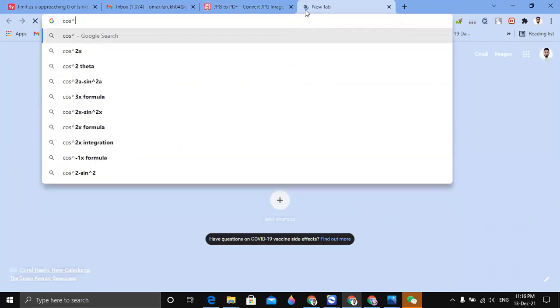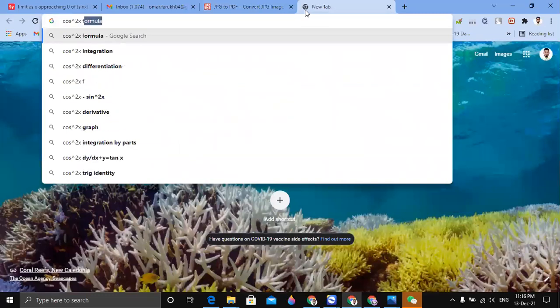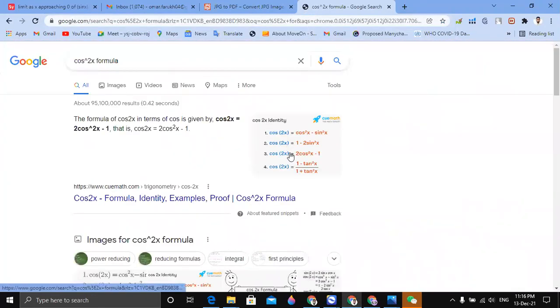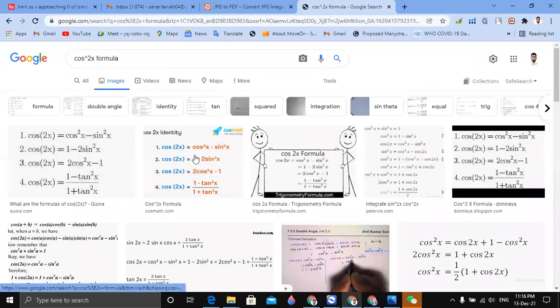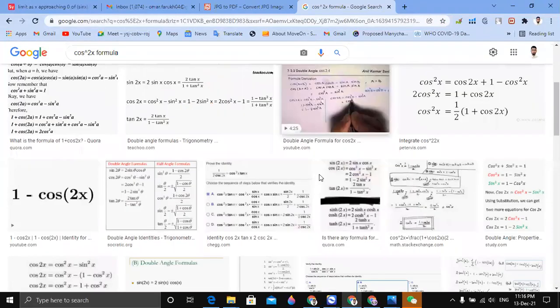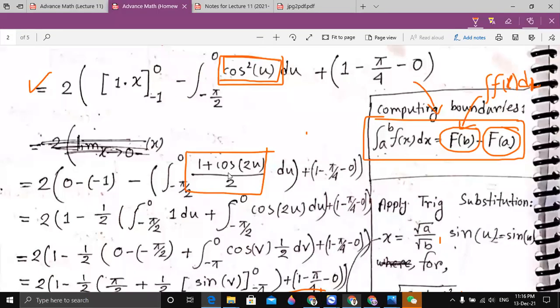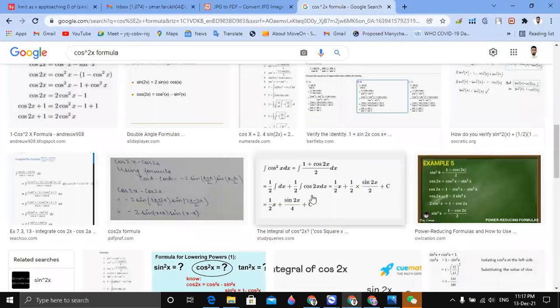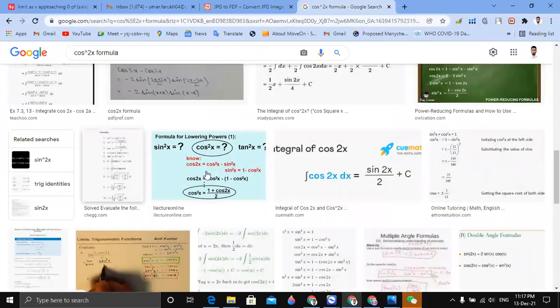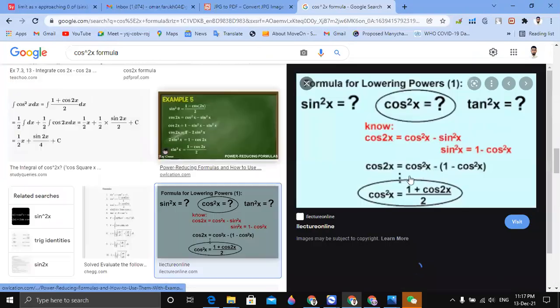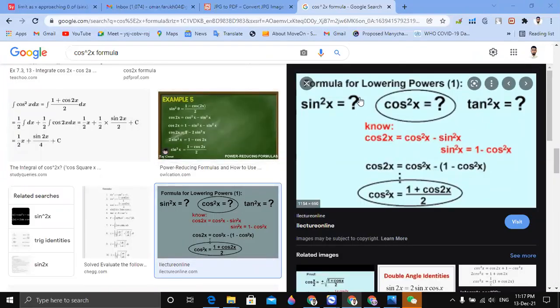Let me show here. Cos square x formula. You see here, the formula for cos square x is (1 plus cos 2x) by 2.